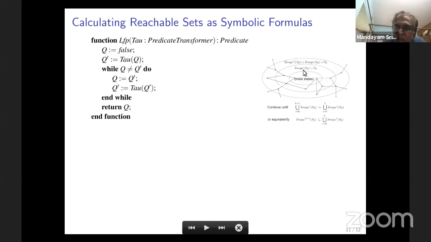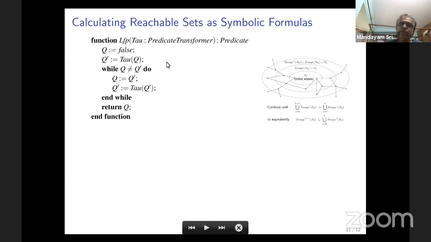And what is done in each step, that computation of taking the image and adding it to an arbitrary state, can be expressed as a predicate transformer. I call it a predicate transformer, and that's what is shown as tau here, okay? Designated as tau. What is done in each of these steps on the right side can be considered as transforming a formula representing a set into another formula.